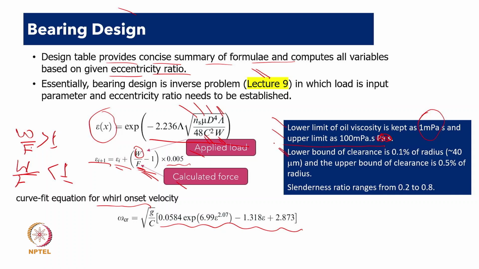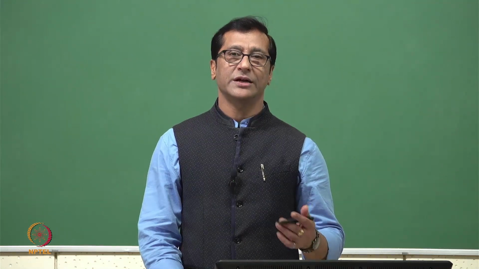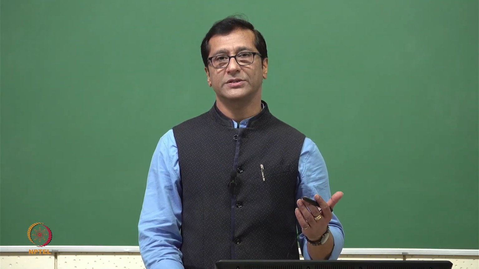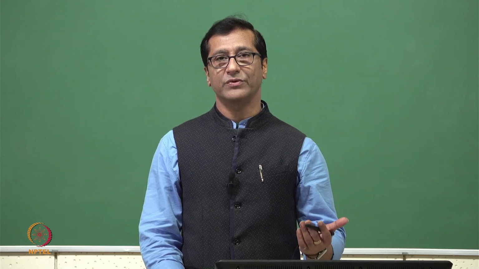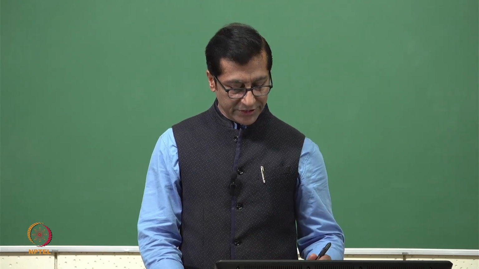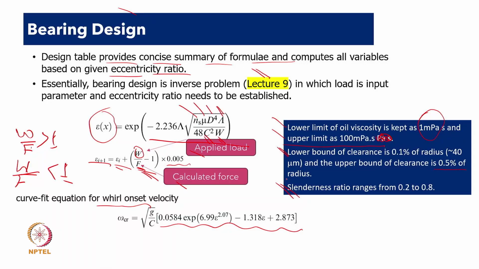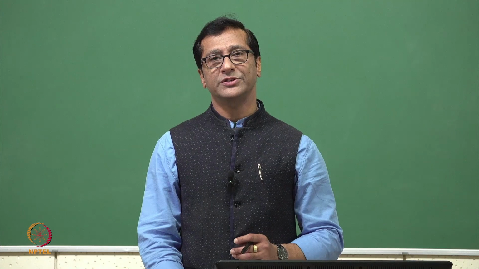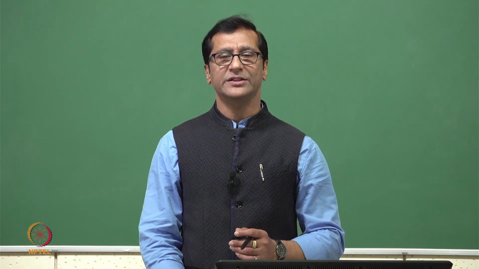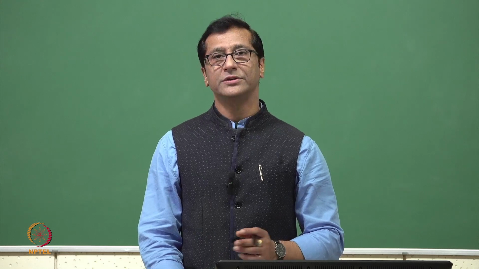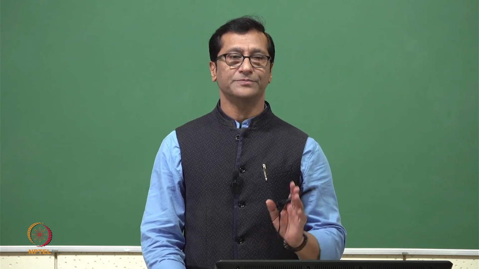Now, the lower bound on the clearance I kept as 0.1%, but the upper bound can be 0.5%, the reason being that in the previous example we saw the factor was 1.57, that means 0.157 percent. Another one, the length to diameter ratio, I generally keep in the range of 0.2 to 0.8, in this range only.